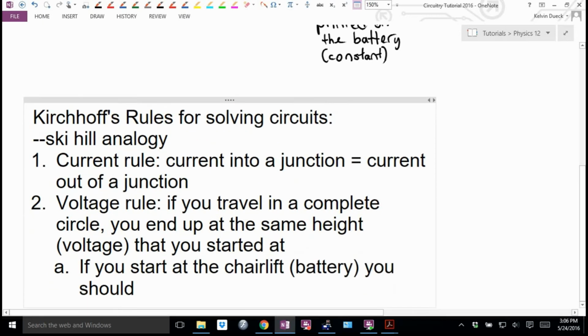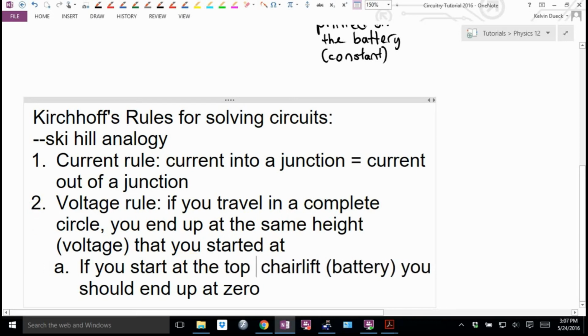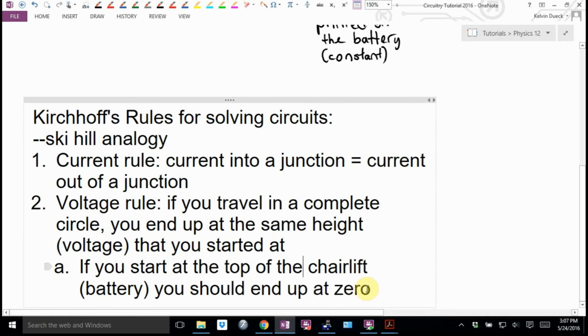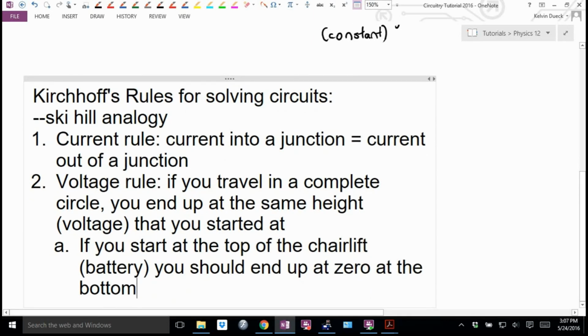Start at the top of the chairlift, you should end up at 0 at the bottom. Ground. Okay.